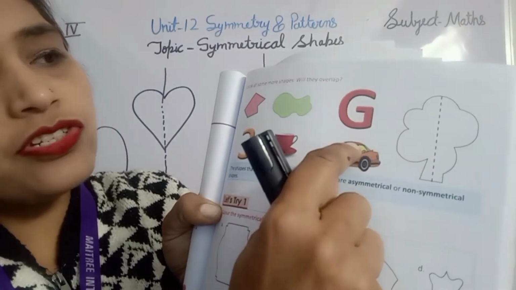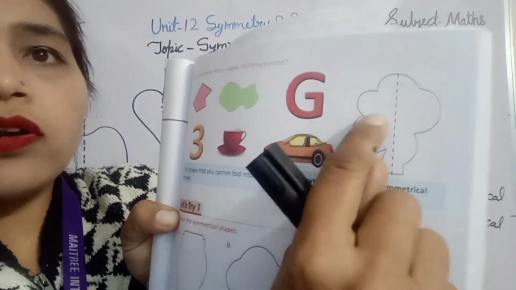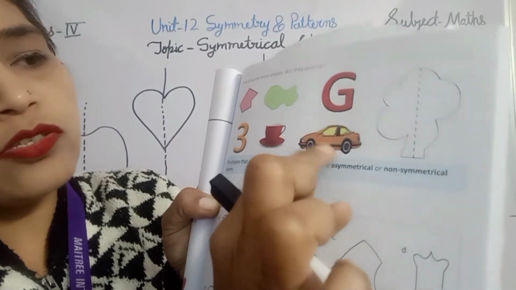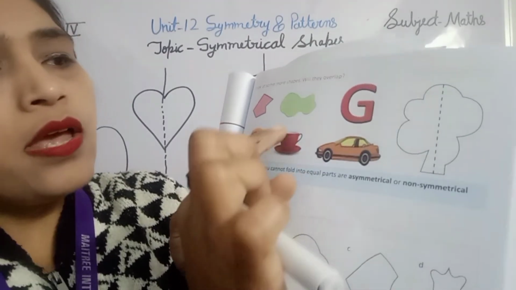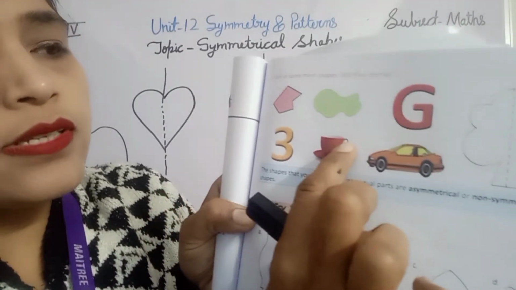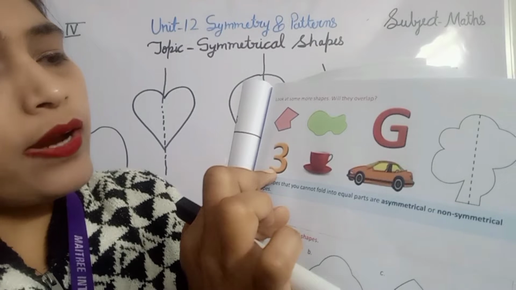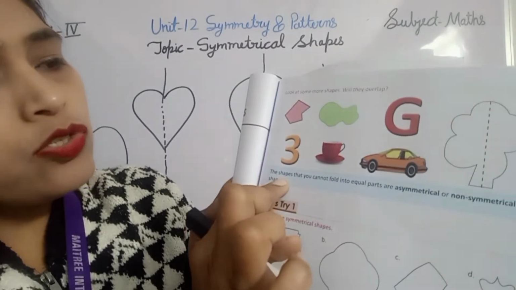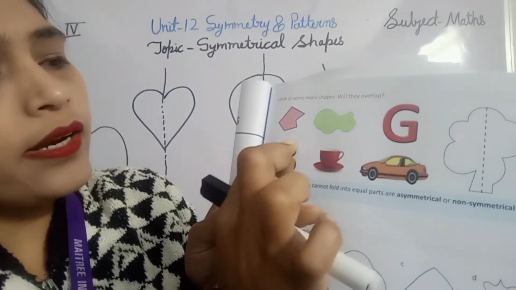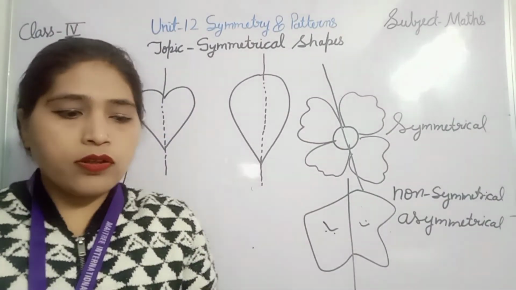If I am dividing this G here, you will not get similar parts. If I am dividing this car from here, you will not get similar parts. If I am dividing this cup, you will not get similar parts, because on one side you have a handle and the other side you don't. If I am dividing this 3 from here, you will not get symmetry, but if you divide from here, you can get symmetrical parts. So these are the symmetrical and non-symmetrical shapes.